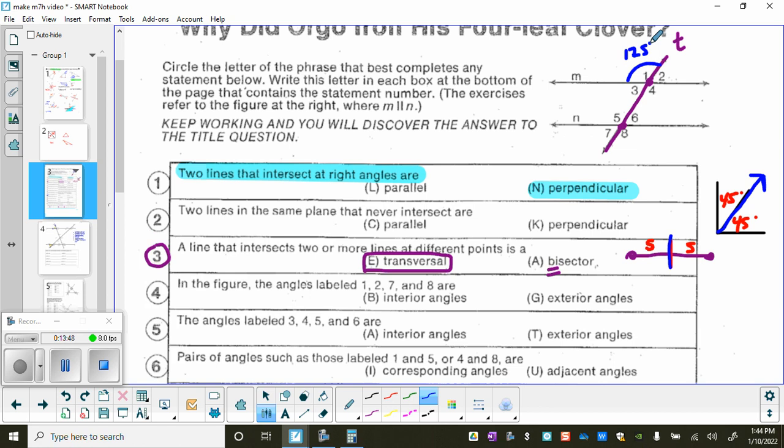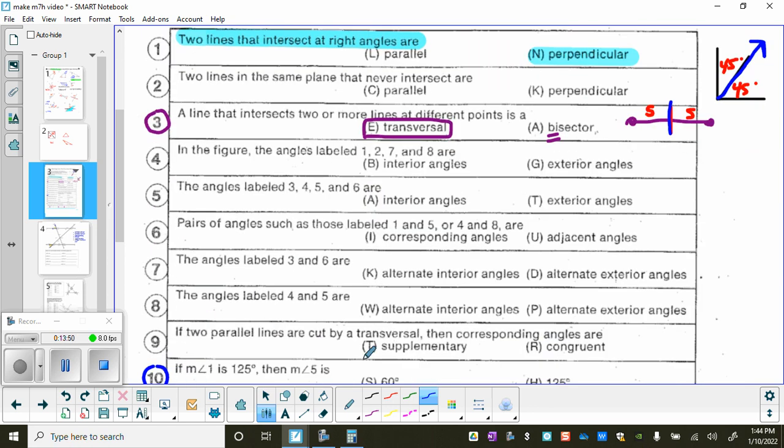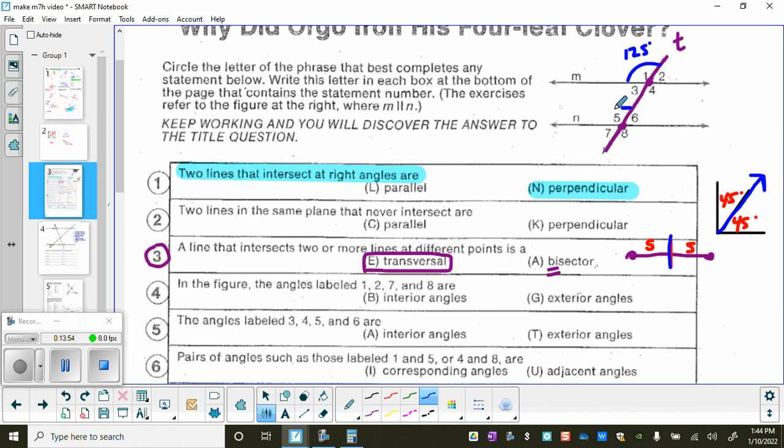It wants to know the measure of angle 5. Well, angle 5 was right here. Those are corresponding angles, and corresponding angles always have the same measurement. They're congruent. So if 1 is 125, then 5 also has to be 125.